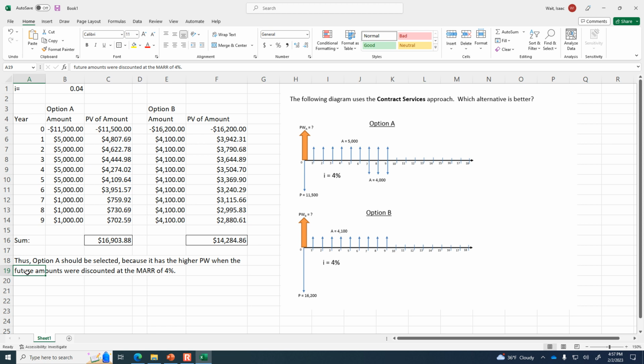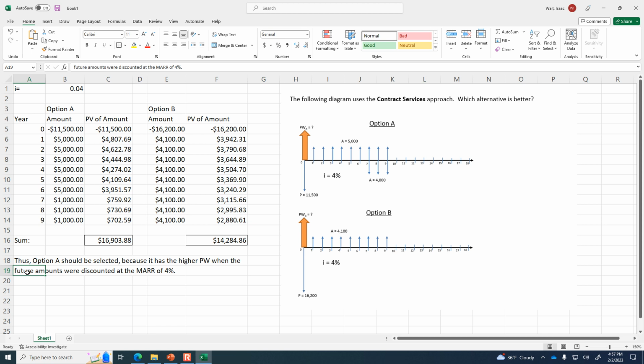All right. So that's contract services. Remember what contract services did is it lengthened the shorter of the two options. Because our overall objective is we can't compare two options if they have a different service life. We have to make the study period the same number of years.